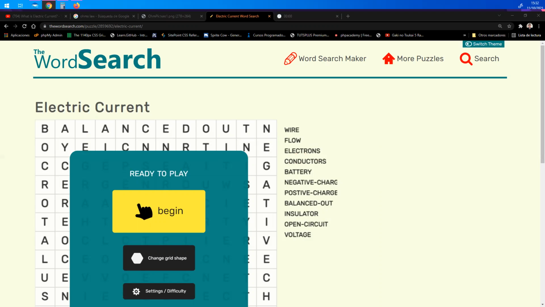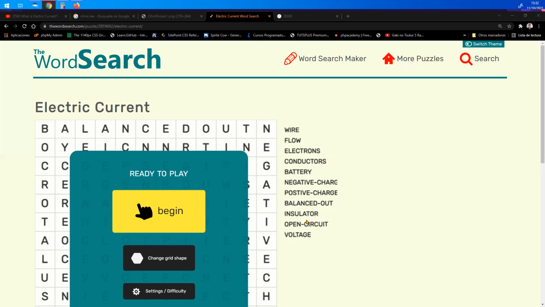Battery, negative charge, positive charge, la carga negativa y la carga positiva, battery, batería, conductores, balance out, que debería de voltaje estar balanceado hacia ser cero, como dice. Balance out.